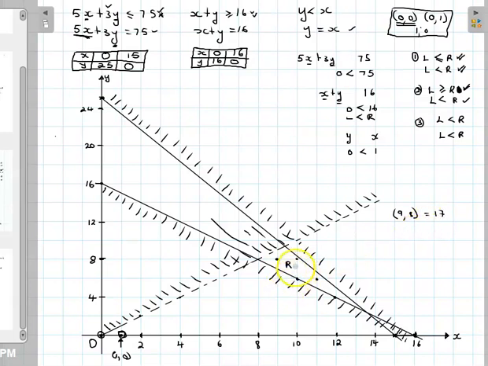And then this one is 10 and 8, that gives him 18 balls in total. And then this one is 10 and 6, that gives him 16 balls in total.